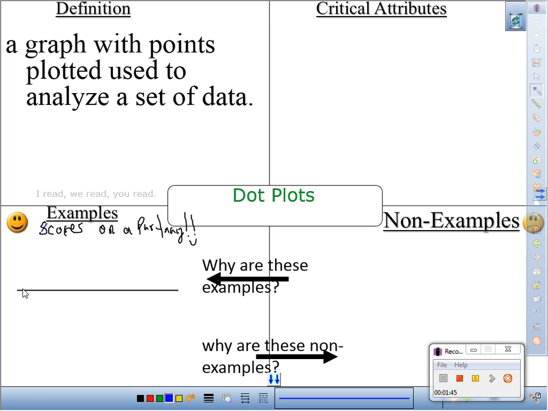Okay, and the scores in a party, the party was 12 points, so it's from 1, 2, 3, 4, 5, 6, 7, 8, 9, 10, 11, 12.